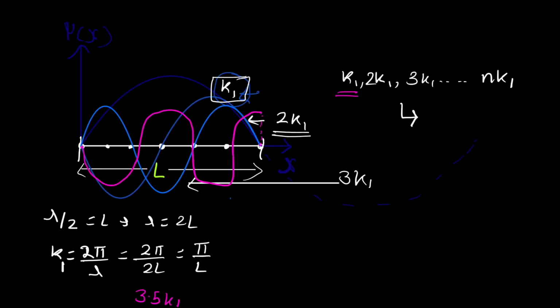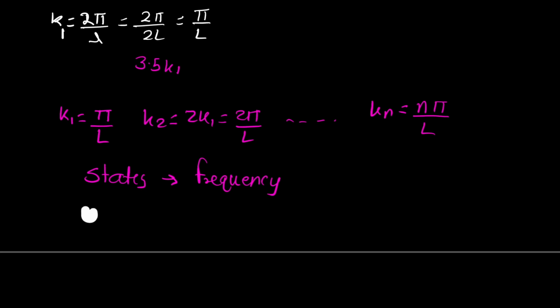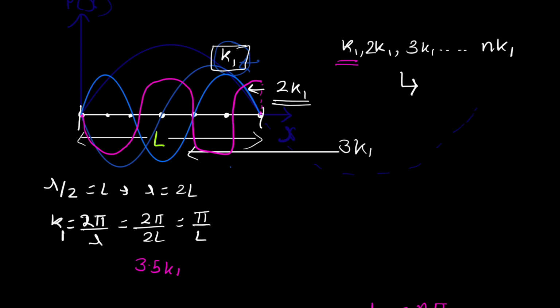You may ask, this is all fine, but why are we counting these states exactly? Why are they important? The answer to this question lies in Pauli's exclusion principle. This principle states that in one quantum state, a maximum of two electrons can be there, and the electrons need to have opposite spins.